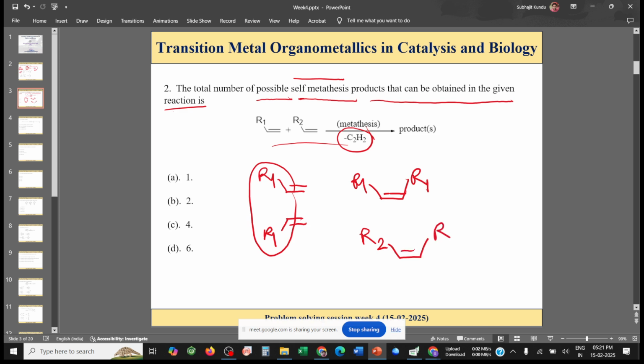This is also self metathesis. So with this you may think that the number of products will be 2. You may think so because these two are the only self metathesis products.